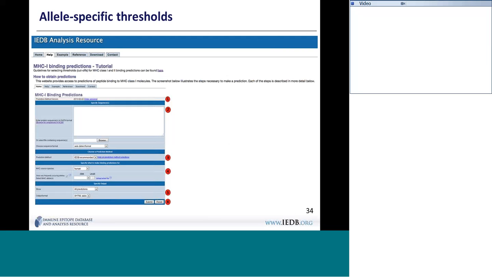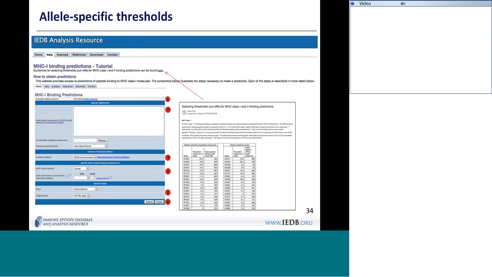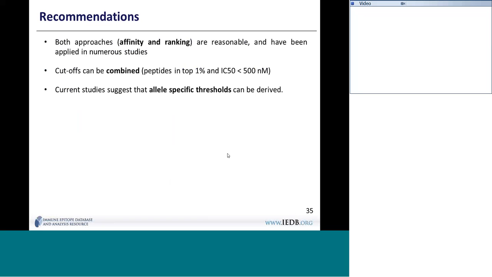This was also done by people in our lab, so you have a list. If you come back to the help page of the tool, you will have a list of these suggested affinity cutoffs for different alleles, so you can use that also. This is a new study.